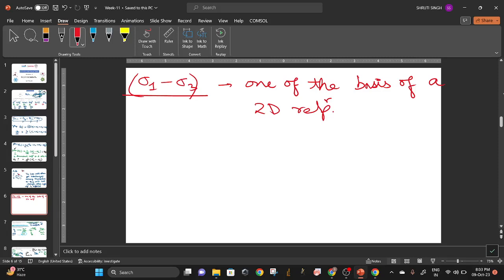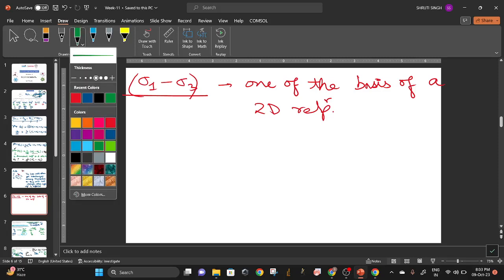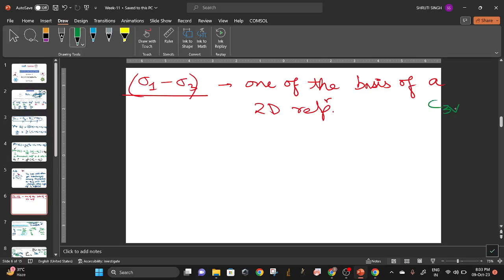Suppose we know C3v is my point group, and I have a two-dimensional representation with some x, and the other part we don't know. So what we will do, we will apply symmetry operations E, C3, C2 and so on over x, and we will see to what basis it gets transformed.